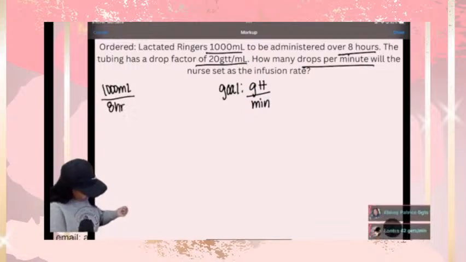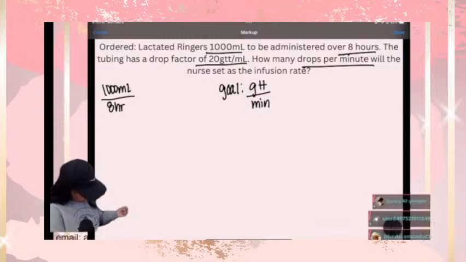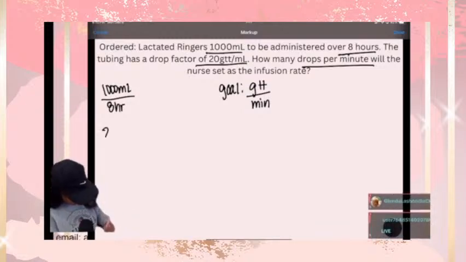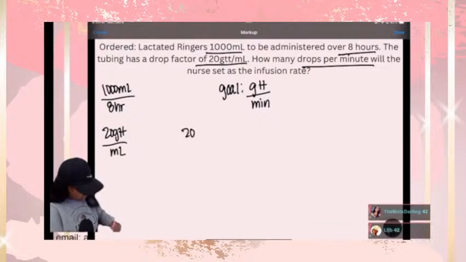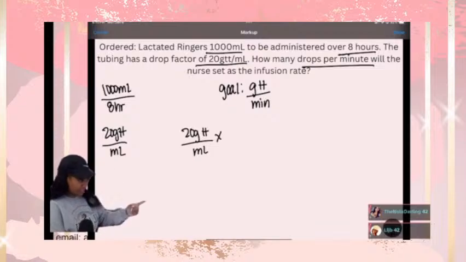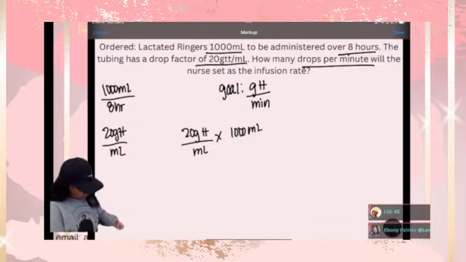All right, 1,000 mLs over 8 hours. Oh, they're trying to be too sneaky. All right, so we're looking for drops, DA. If we do drops over minutes is our goal, we'll start with our drop factor. So 20 drops per mL. mL is at the bottom, so what goes at the top is mL. So 1,000 milliliters over 8 hours.